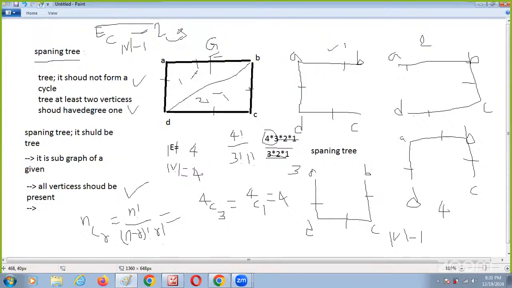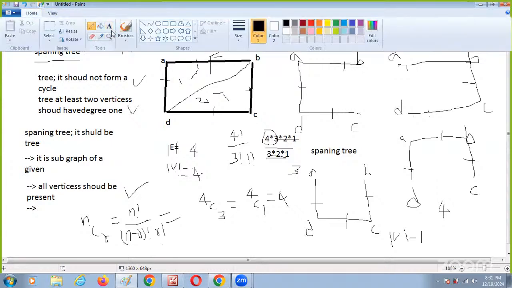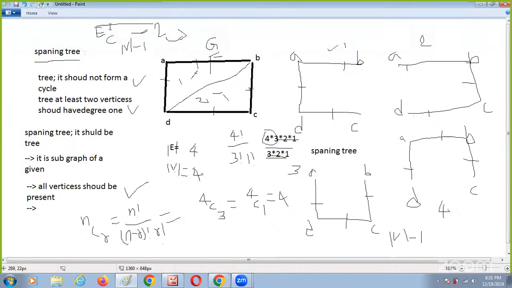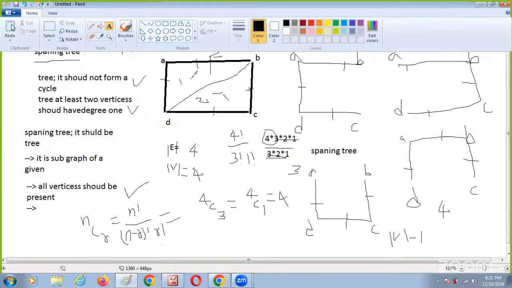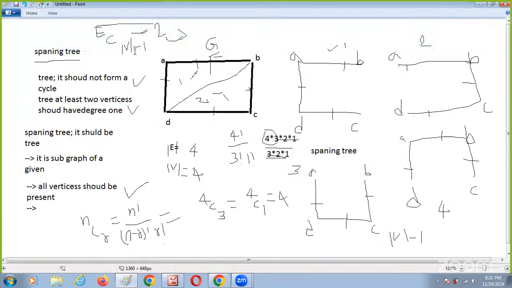So 5C3 minus 2. 5C3 or we can say 5C2, anything. 5C3 is equal to 5C2 only. So what is the 5C2 value? చెప్పండి అండి కనీసం. What is the answer? 5C2 minus 2.